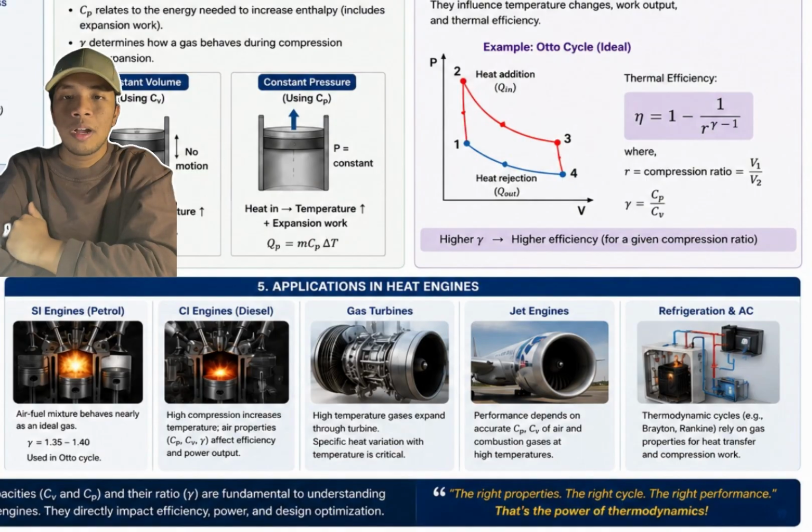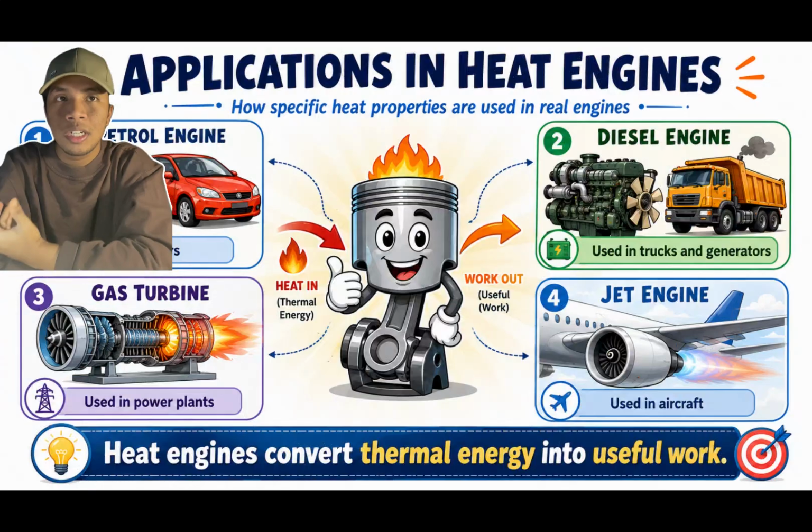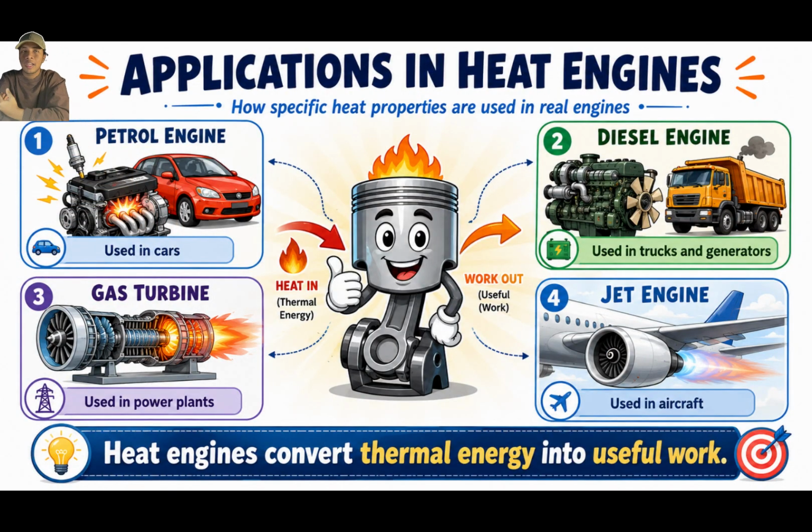These properties are applied in many types of heat engines. In petrol engines, the air-fuel mixture is compressed and ignited, and the gas properties influence the engine efficiency. In diesel engines, higher compression increases the air temperature before combustion, therefore affecting both power and efficiency.